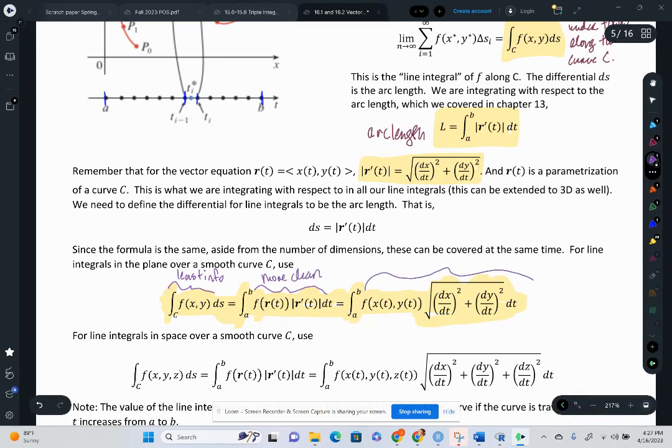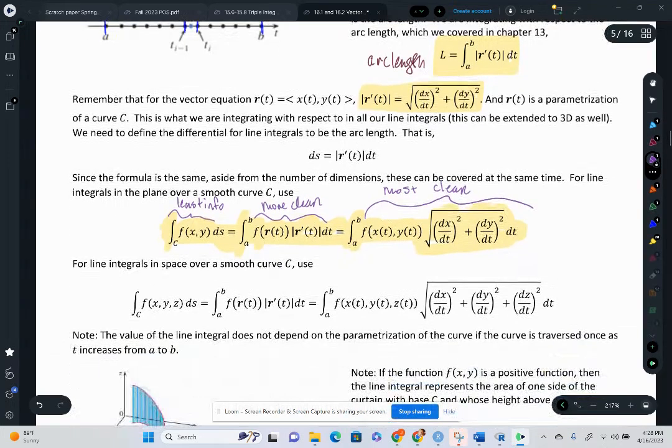And then this last representation explicitly states all the parts. It's telling me, instead of looking at f of x, y, look at f of x of t, y of t. That's making this like the most clear. And then I've got an explicit formula for the magnitude of r prime of t in there. So just know that these all mean the same thing.